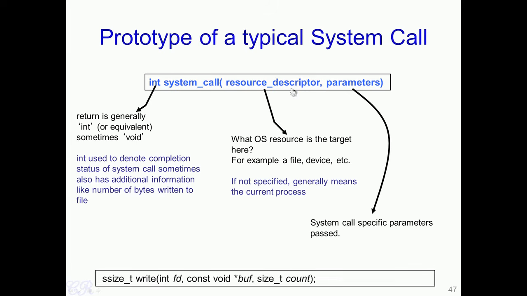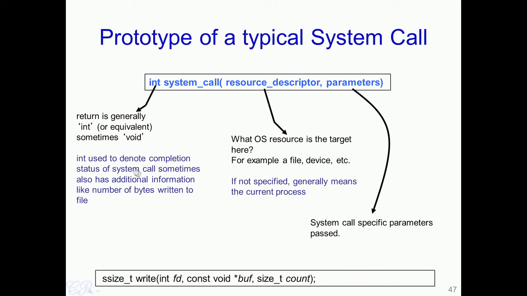The return type is typically int or integer, and sometimes it is a void. So, int is typically used because in this way the operating system will be able to send the completion status of the system call, whether it had executed successfully or it had failed and so on.